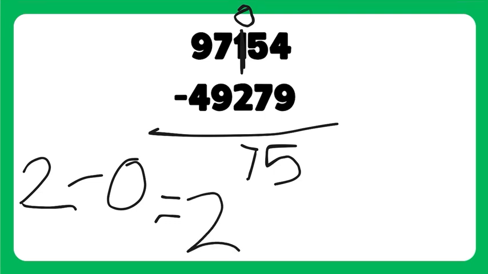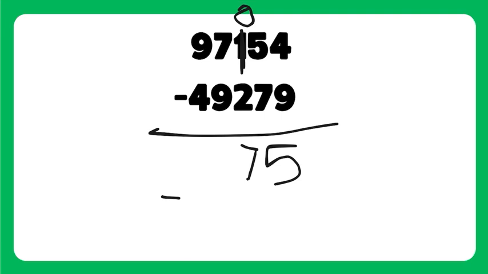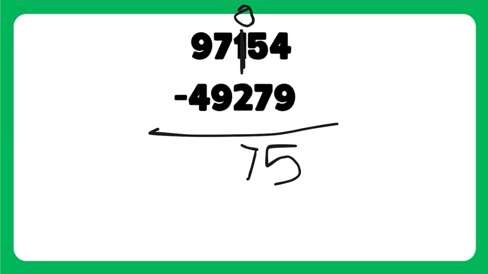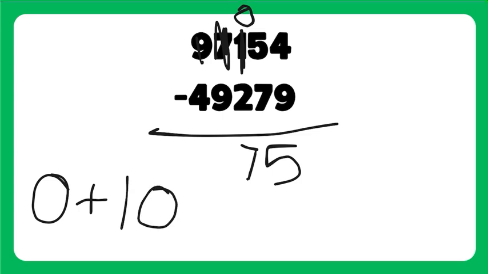So if you reverse these digits and get 0 minus 2, that's going to give you minus 2. And that's a negative number, and we cannot handle that, so we will have to borrow. So the 7 over here, it will give us some power. 0 plus 10, 0 has no value, so it will become 10.